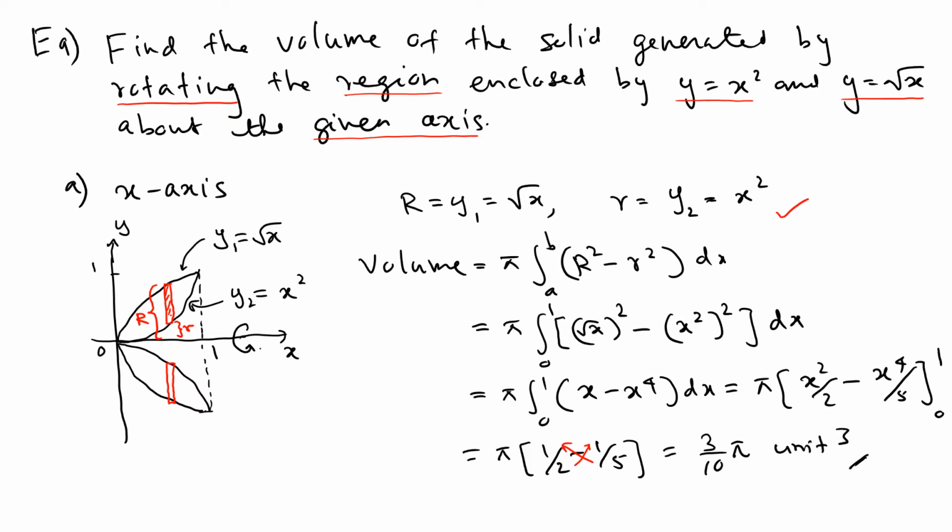Okay, that's about that. So let's do part B. Let's now pick the same region. So we're going to pick the exact same region. So that's the region. But now we're going to rotate this about the y-axis. So B, the y-axis.